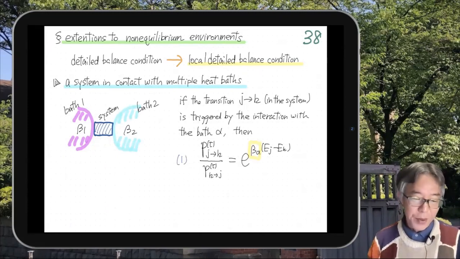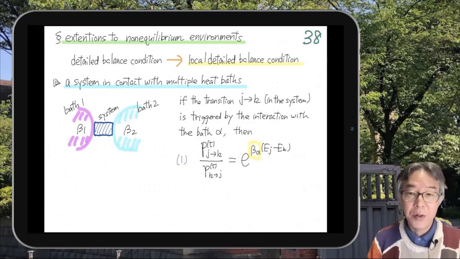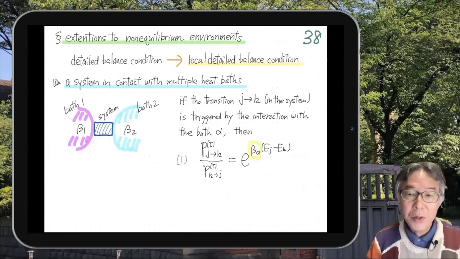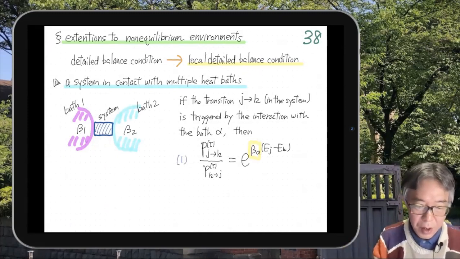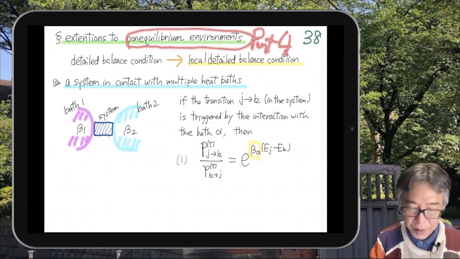In these 3 pages, I want to discuss a very important extension of the previous consideration of the detailed balance condition. We want to extend this to non-equilibrium environments. This will be the subject of part 4.